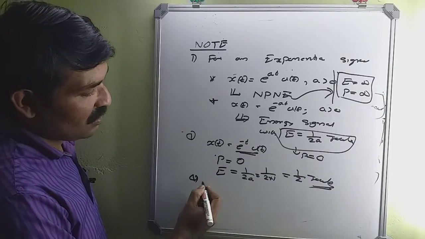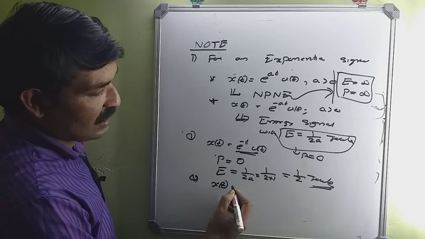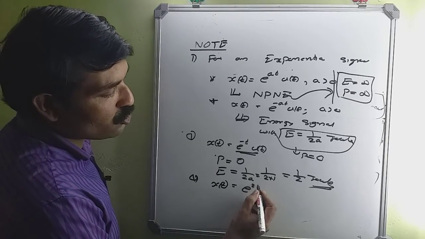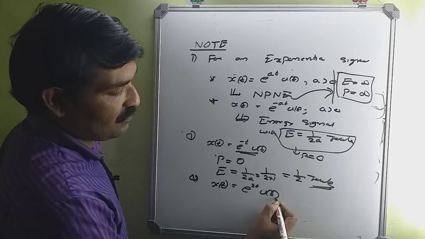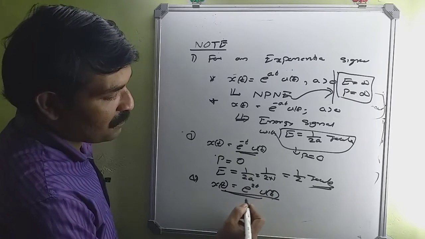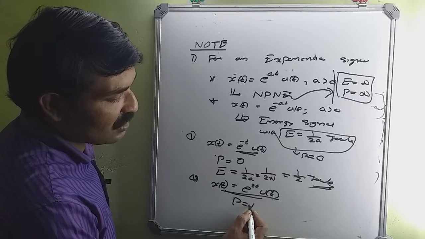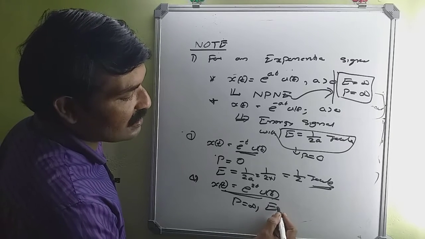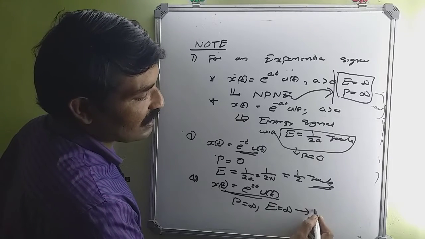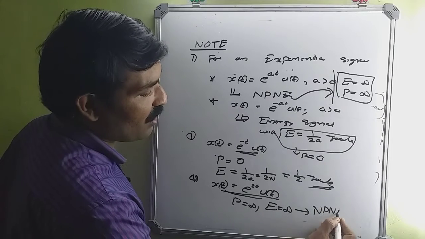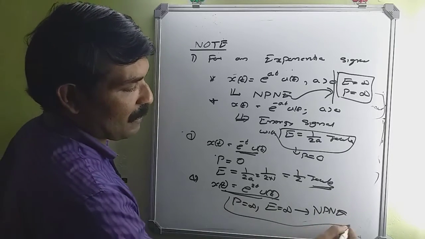Then, if x of t is equal to e raised to 2t u of t, then power is equal to infinity and energy is equal to infinity. The signal is NPNE.